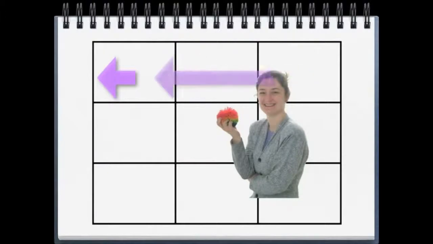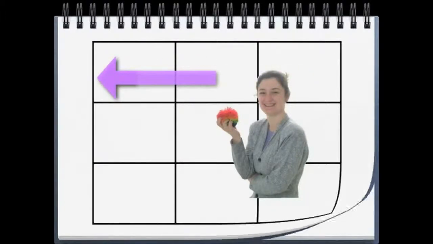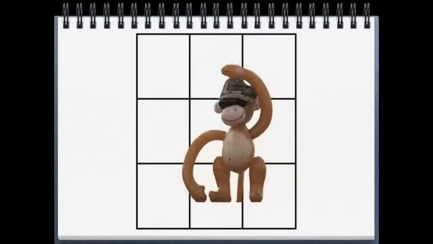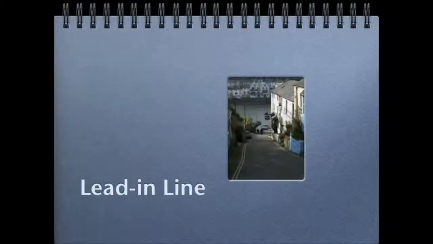I'm better here. Again, space to move into, space to breathe. That's for landscape format. It works exactly the same for portrait. Here's a subject placed on the grid line. So that's the rule of thirds.